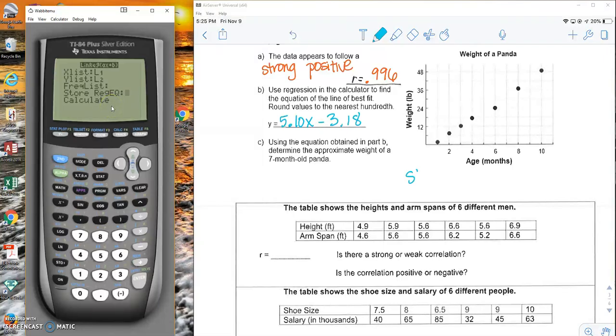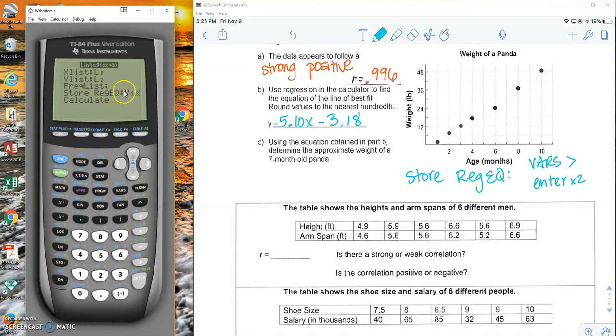So I'm going to write these steps out for you. So to store something, you are going to click the variables button, variables, scroll right to Y variable, and then click enter 2 times. So enter, enter.